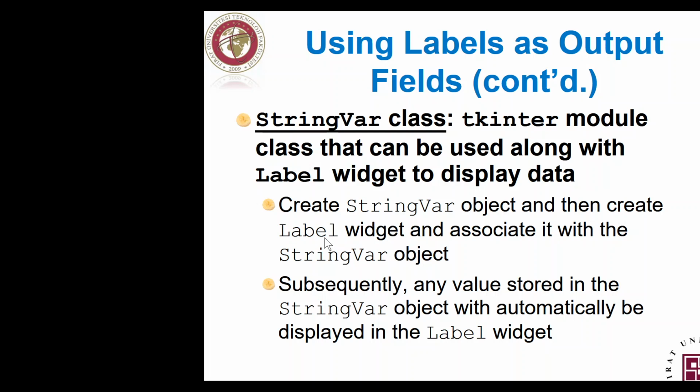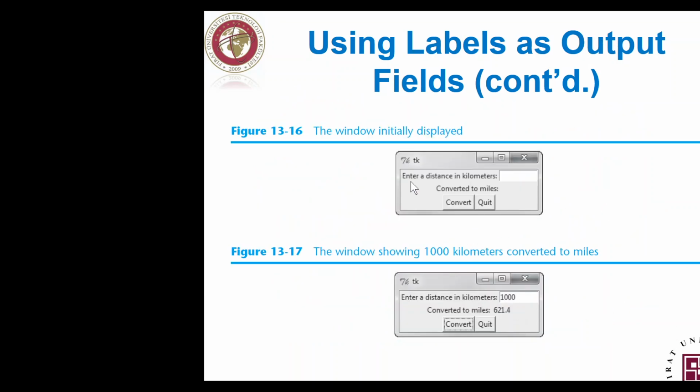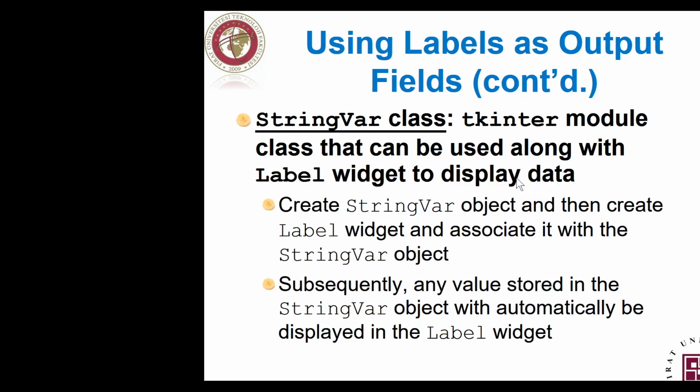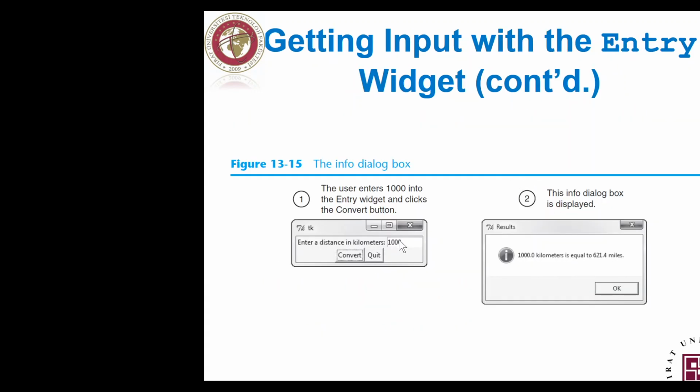So we can place this string variable on a label and display it as an output. So instead of displaying just a text or whatever, we can create our own string variable and place it to the output like this. For example, now look, enter distance in kilometer. Earlier here, look at this. It was just like this, but the display was on a dialog box.